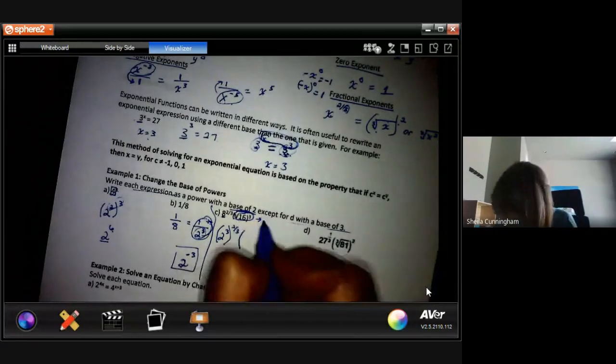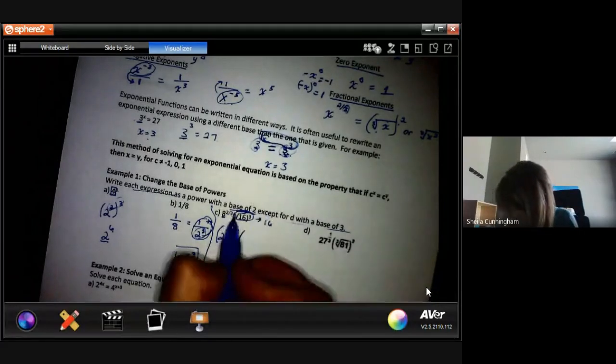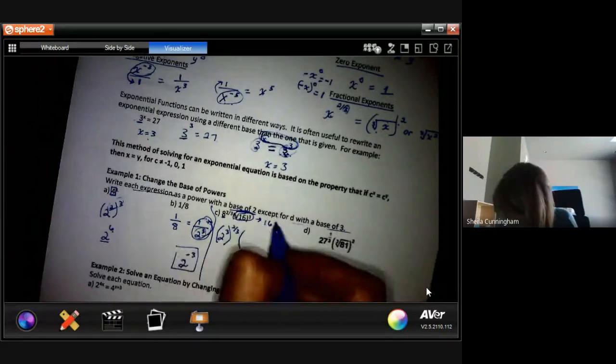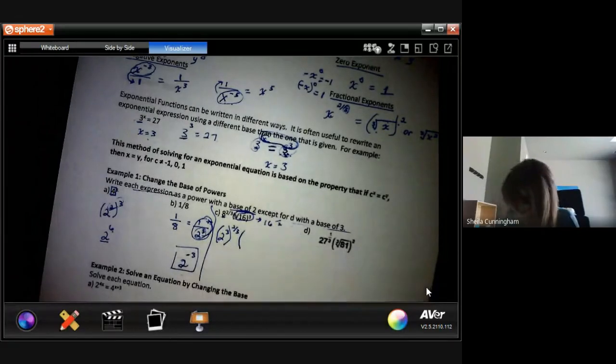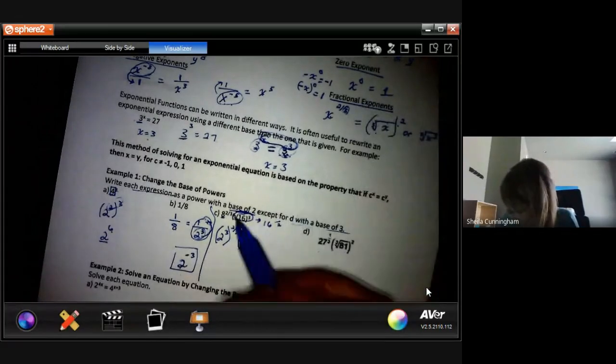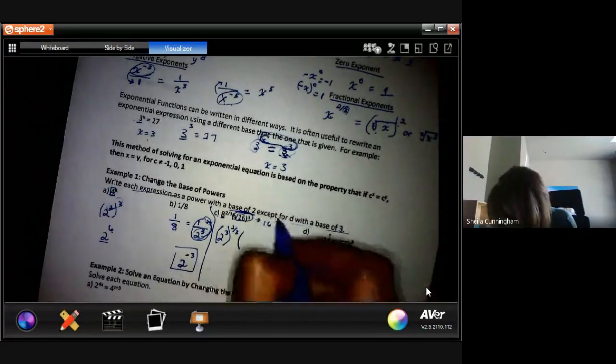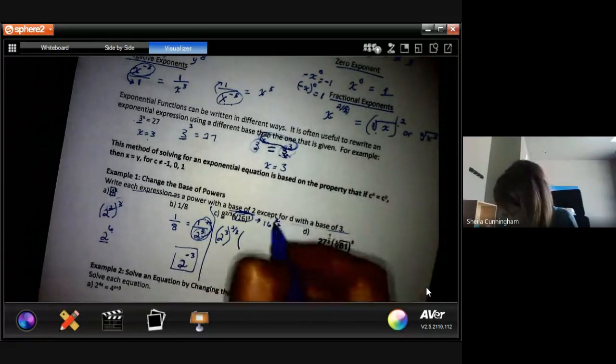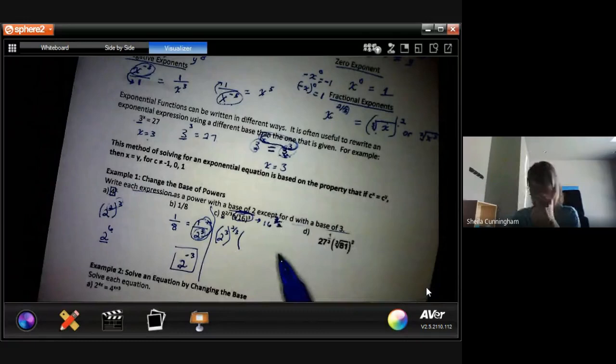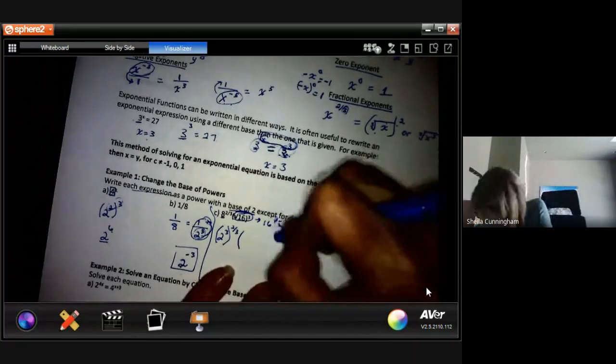So right now I have a base of 16, and this is a square root. So that means my denominator has a little 2 because it's representative of being a square root, not a cube root. And then it's got a power of 3 to it. So I really have a 3 above it. So this is really 16 to the power of 3/2. And that looks really bad now.